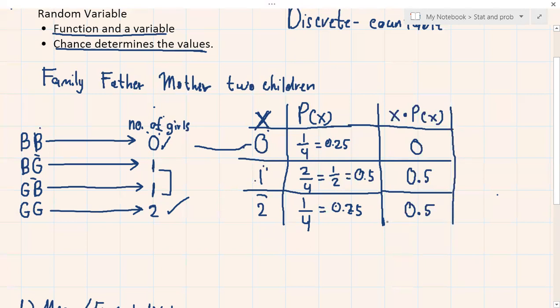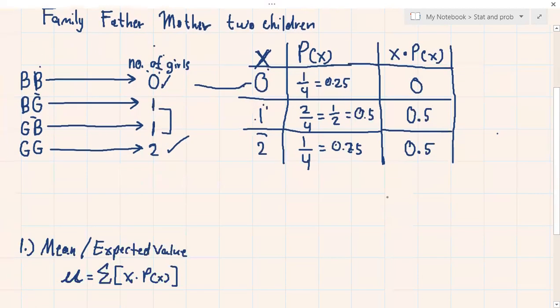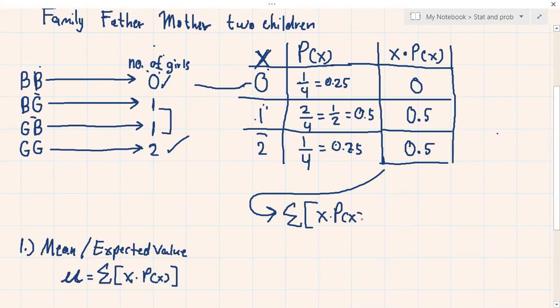Now, anong gagawin natin? Ngayon, we will get the sum. Okay? The sum of this third column. Okay? The summation of x times p of x. Okay? Bakit kailangan natin i-add?